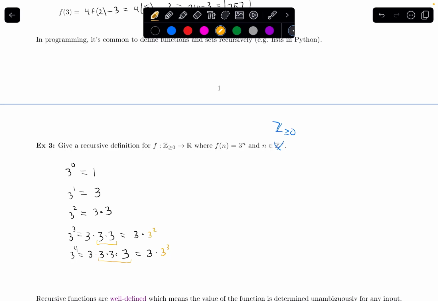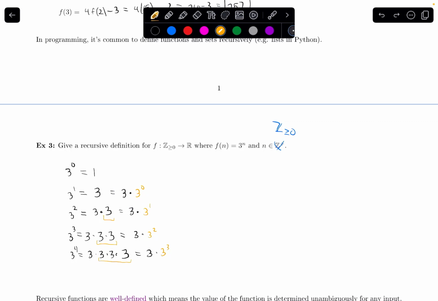If I look at 3 squared, that's 3 times, and then I have just 3. So this is 3 times 3 to the 1, so it's 3 times the previous term. Does that work even before that? If I look at 3 to the 1, well, it turns out this is 3 times the previous term, 3 to the 0, because that's just 1. So this is 3 times 1.